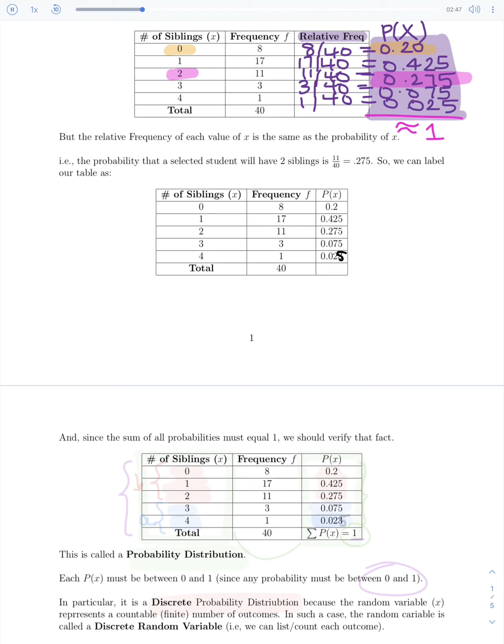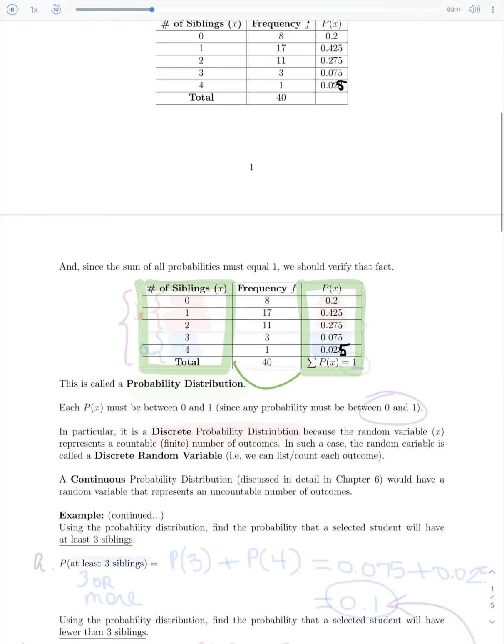So let's take a look at this table. If we were to ignore the frequency part and only look at our classes and our relative frequencies, our probabilities, those two pieces together are what we're going to be using a lot of in this next chapter.